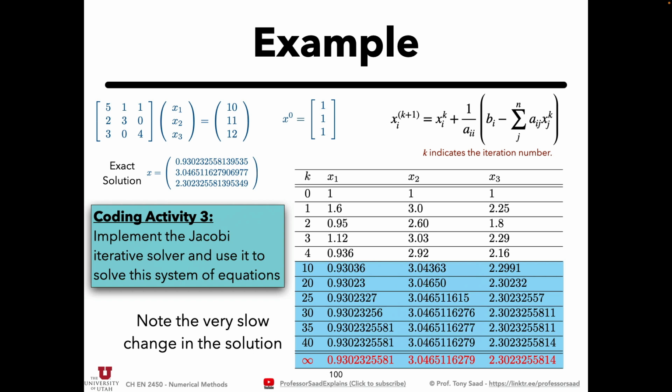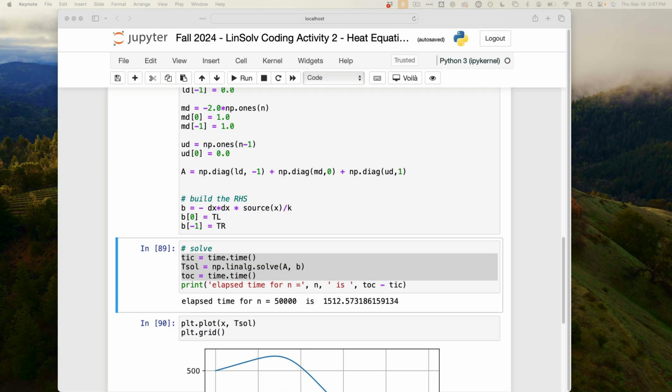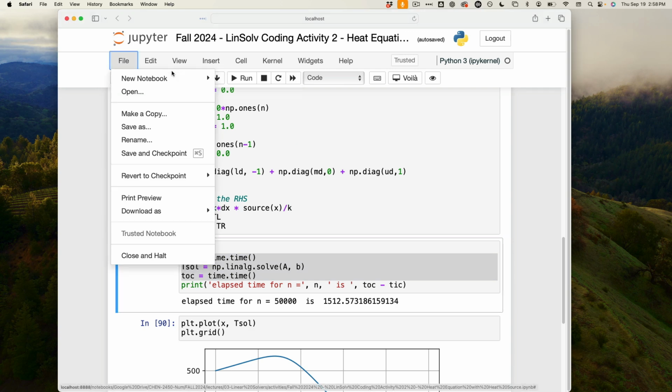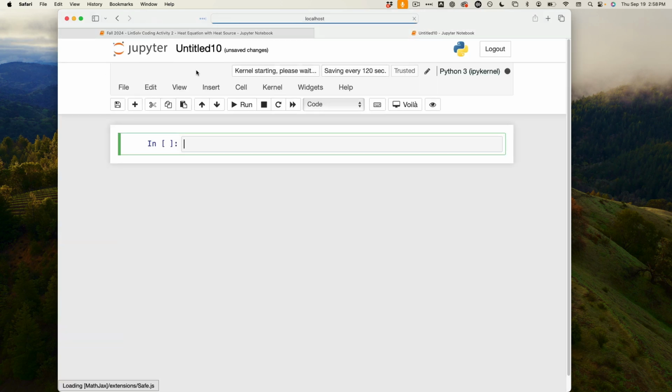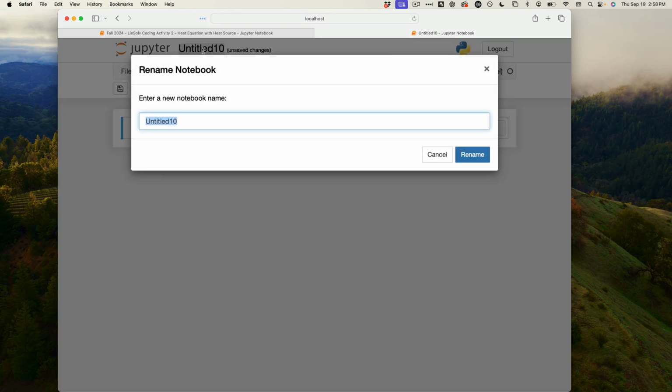Let's go ahead and get some Jupyter notebooks up and running. This is coding activity 3. So we'll make a new notebook here.